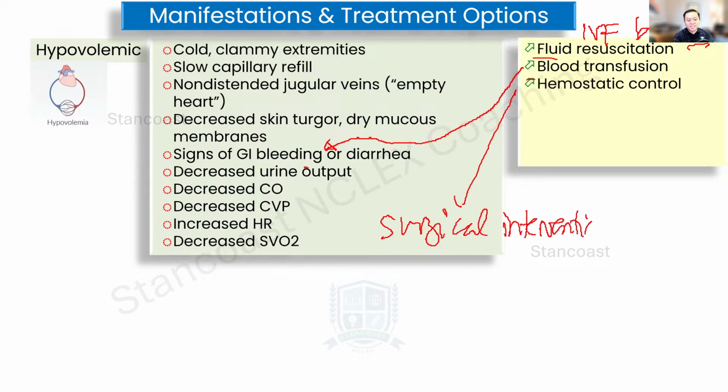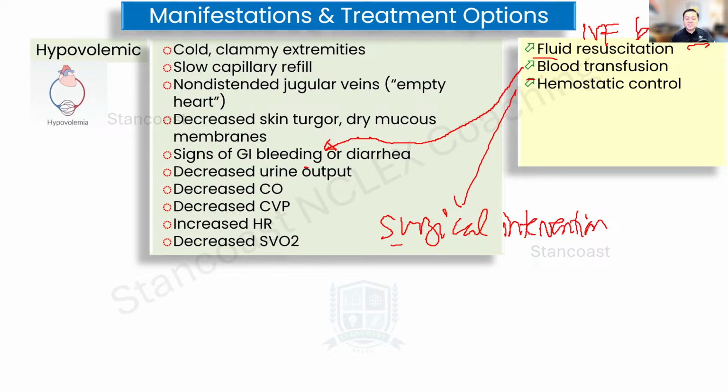We're going to send them to the OR. Or possibly a removal of an emboli or any other type of hemostatic measures that will be able to prevent the blood loss. Surgical intervention is going to be used to manage the bleeding.